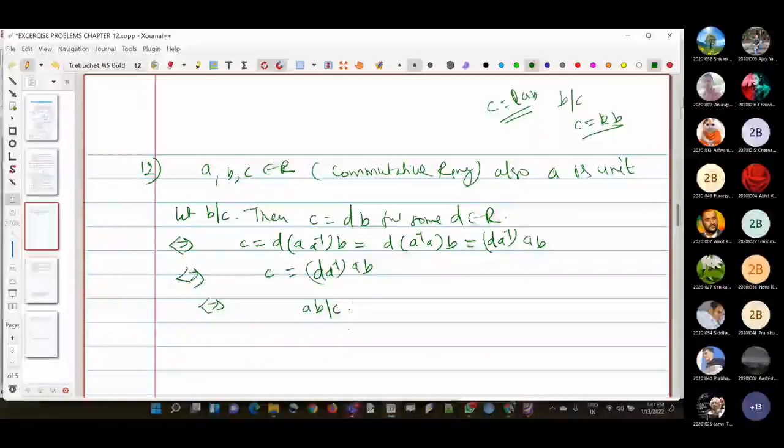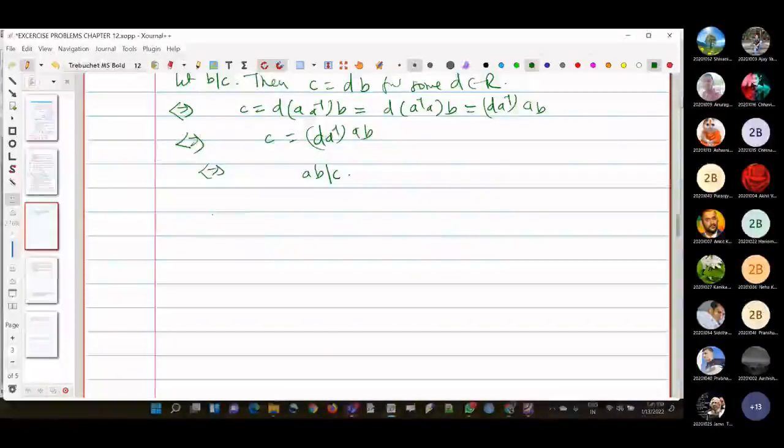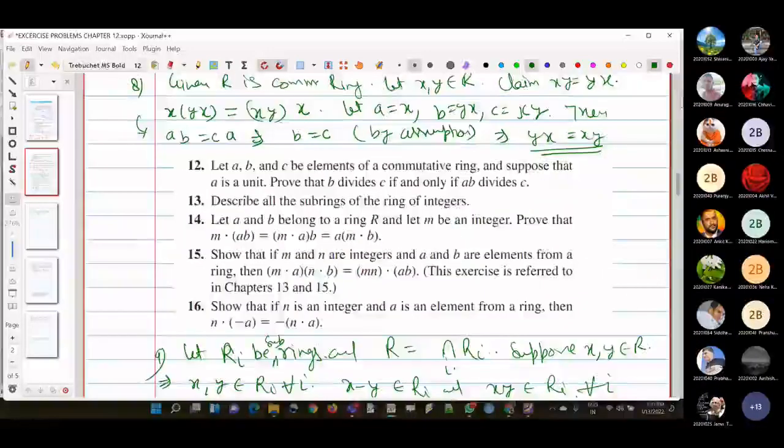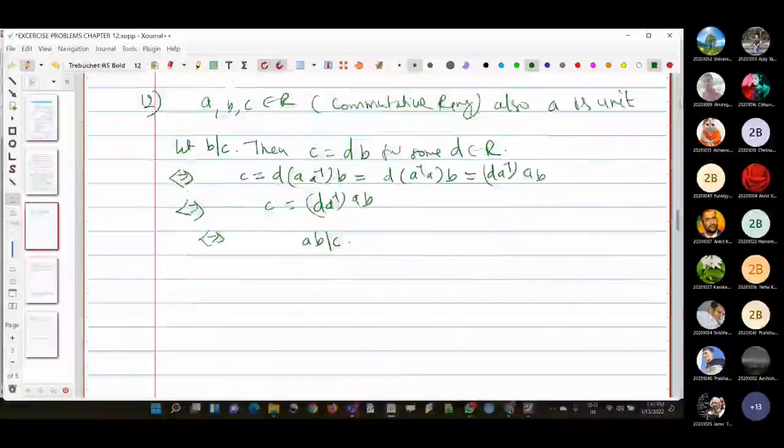Okay. Another part, let us assume... just a minute. B divides C if and only if... So either we can go reverse side or not. I am not sure about this, whether we can go reverse side or not.